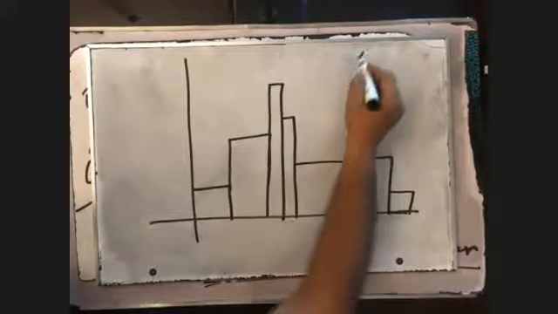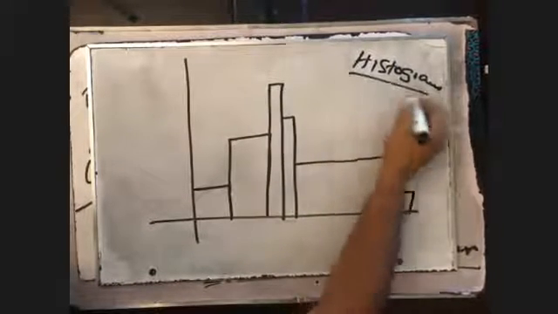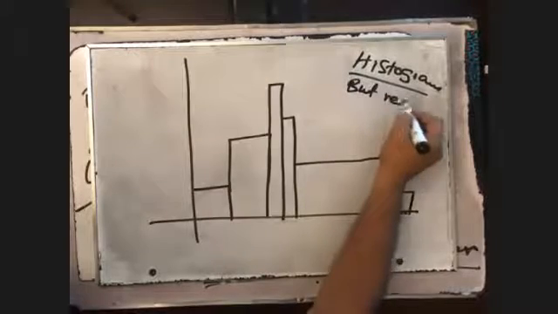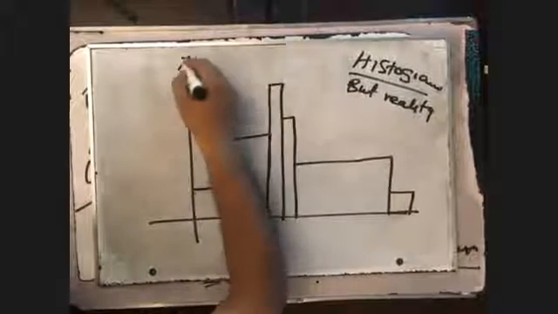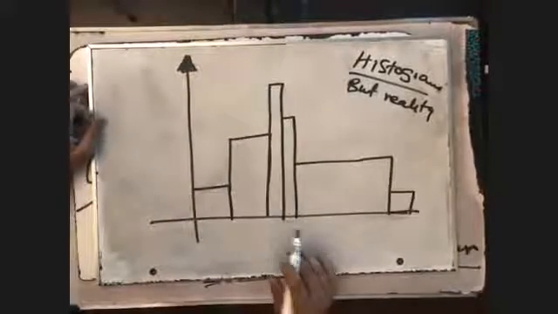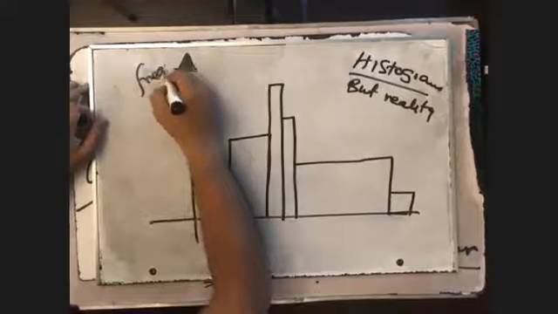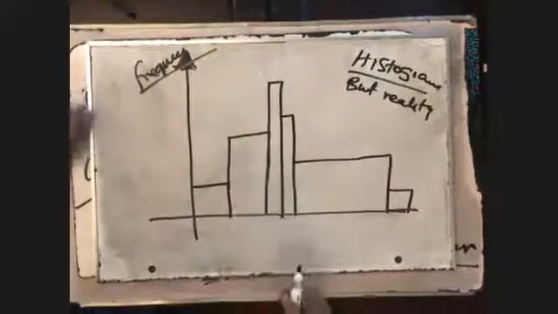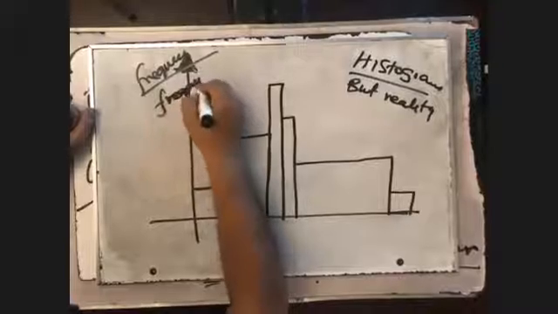So you call it a histogram, but in reality, you draw a frequency. You don't write down the y-axis as frequency. No, you don't. It's untrue. People who say this is frequency are not being truthful. This is called frequency density.